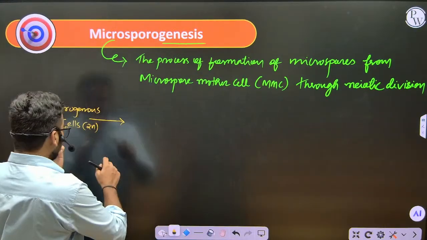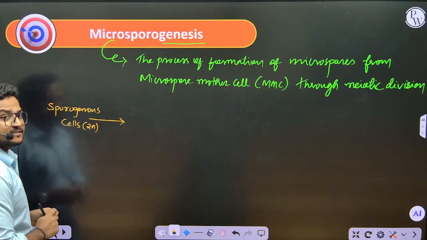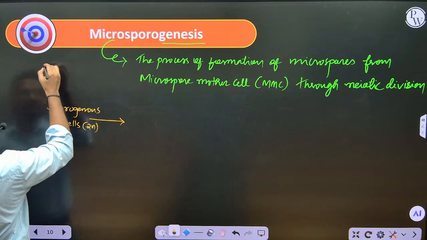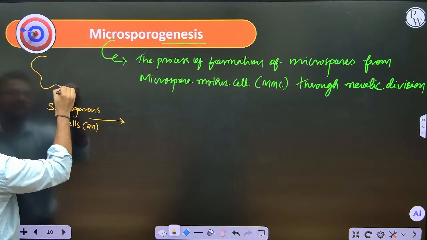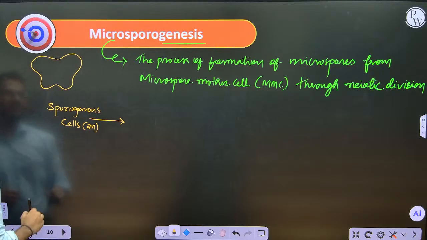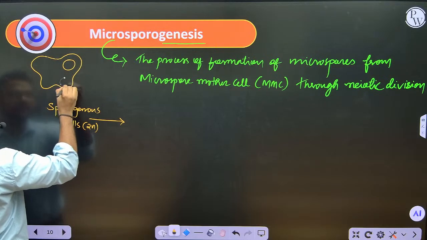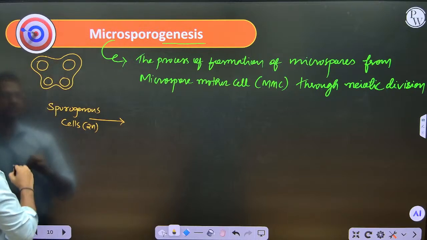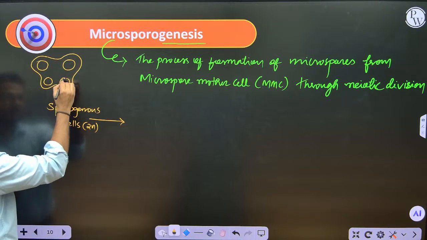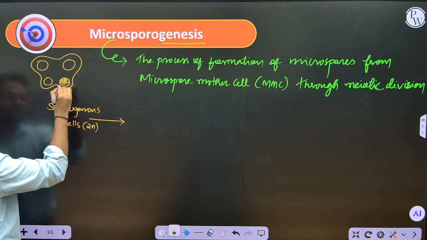Now the sporogenous cells are present here. It is a TS of anther, and within the anther what you are seeing are microsporangia. Within the sporangium, what you are seeing are sporogenous cells.